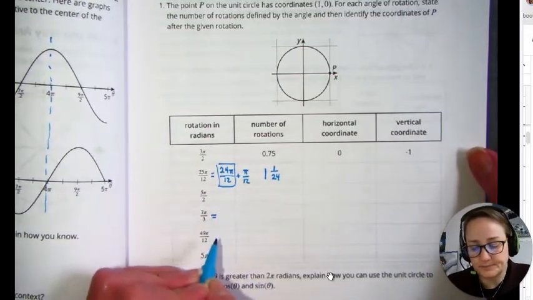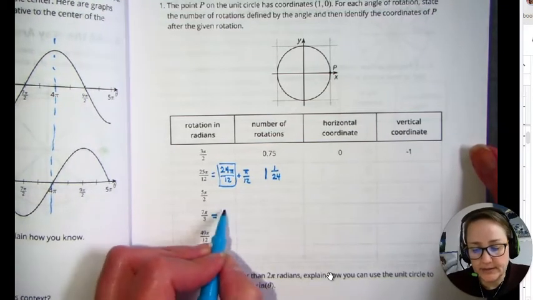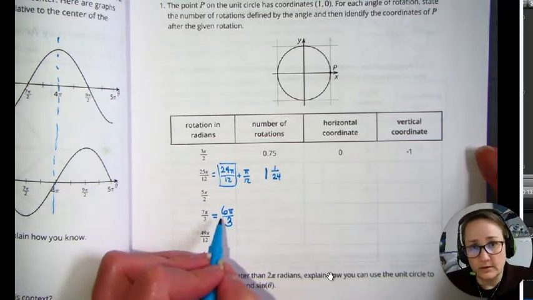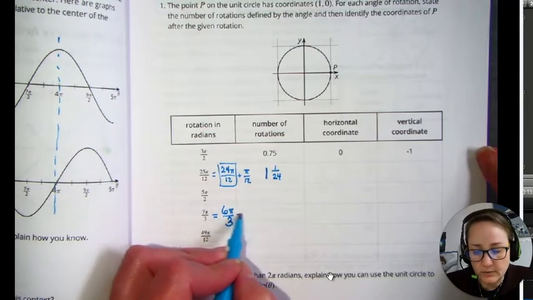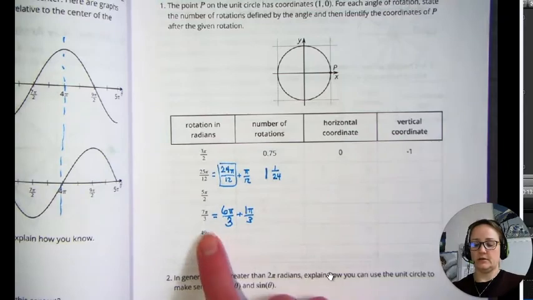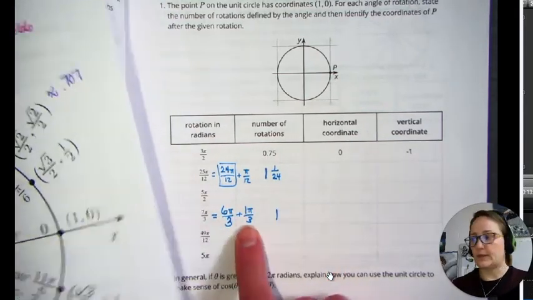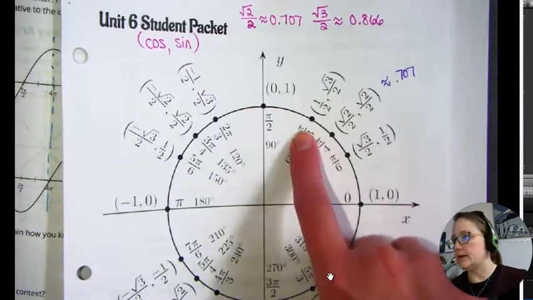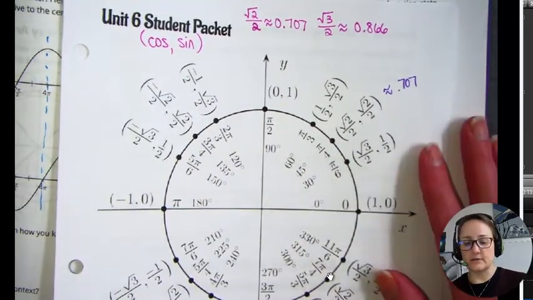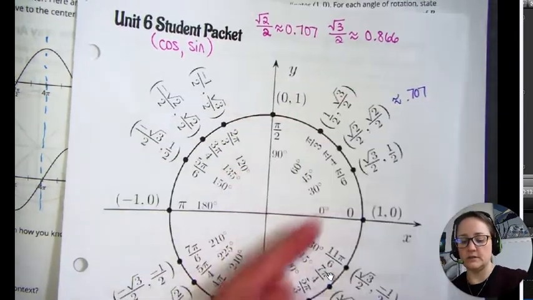7 pi over 3. Well, let's see. If I need 2 pi, that would be 6 pi over 3 is 2 pi for 1 full rotation. Plus another pi over 3 is going to get us to 7 pi over 3. Right? So 1 full rotation, and then this pi over 3 is here, not at another full rotation, but at a 1/6 of a rotation. 1, 2, 3, 4, 5, 6.